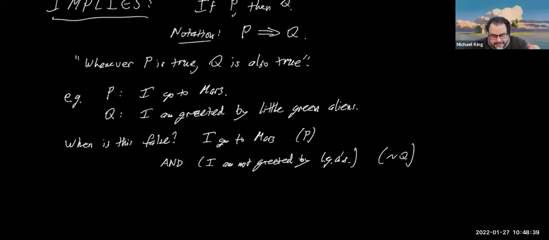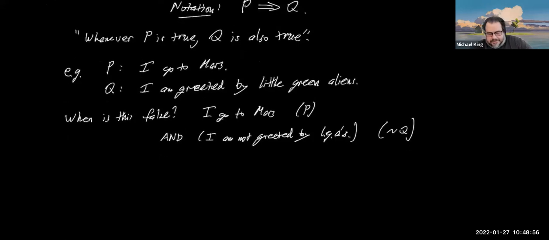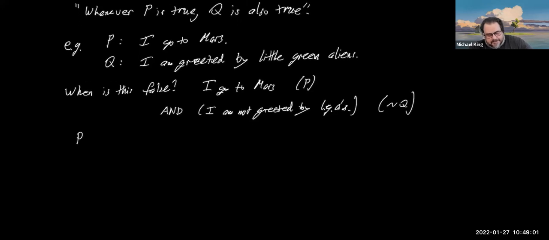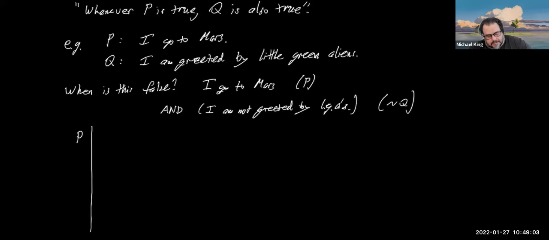But I think that means we can make a truth table, and this is the only way it's false, right? It's almost like a placeholder. If I don't go to Mars, what does that mean? In fact, let's try to make the truth table and think about it in the context of this example.